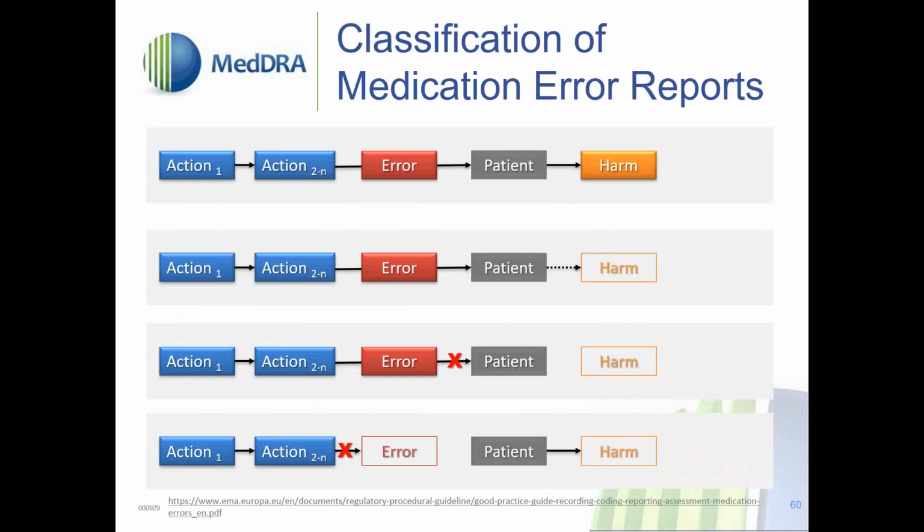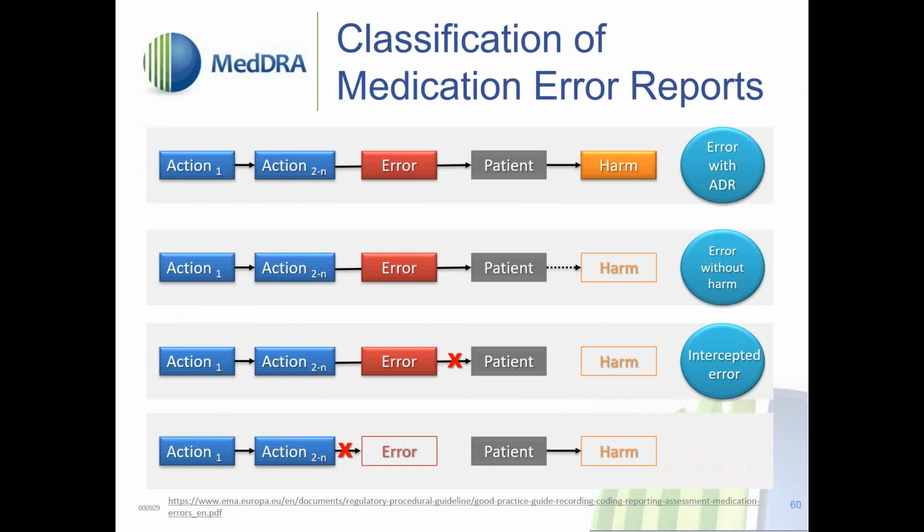And as a summary here, a nice visual presentation of the different types of medication error cases taken from the good practice guide of the EMA. In the first example, a medication error occurs leading to an administration error and to harm in the patient. Next, an error happens and reaches the patient, but it does not result in any harm to the patient.